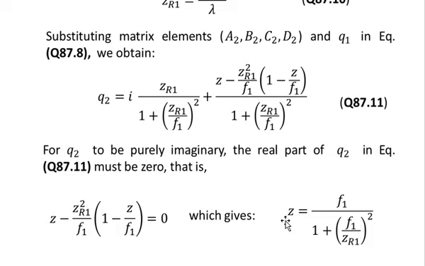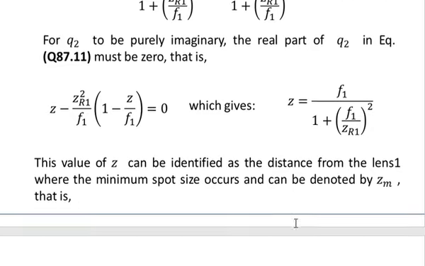And you know that this z is the distance from the lens 1. So the position of the beam waist within the resonator from the location of the lens 1 is known, which is given over here.